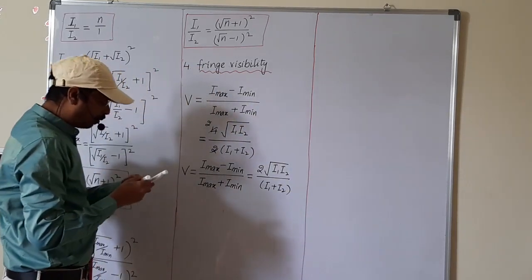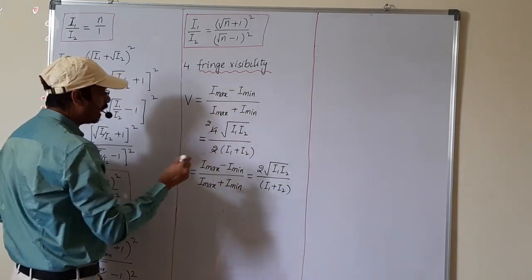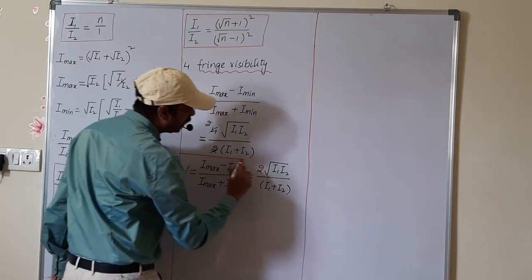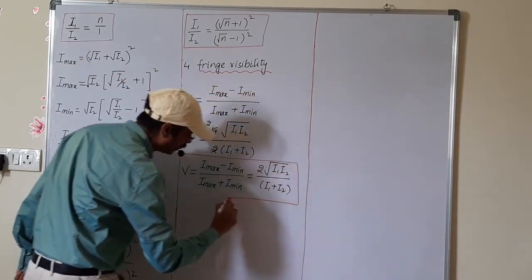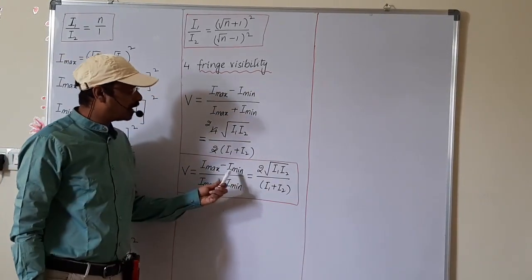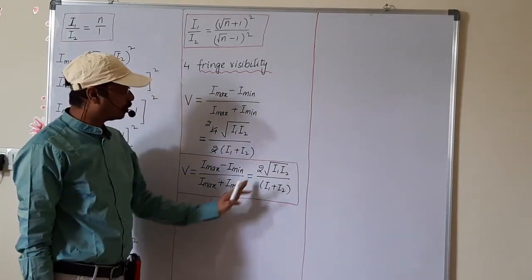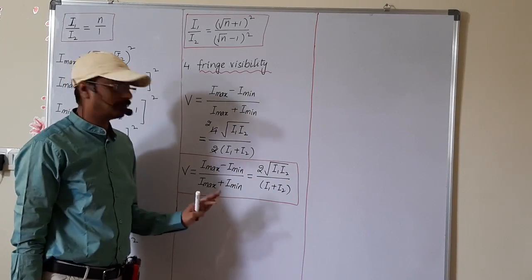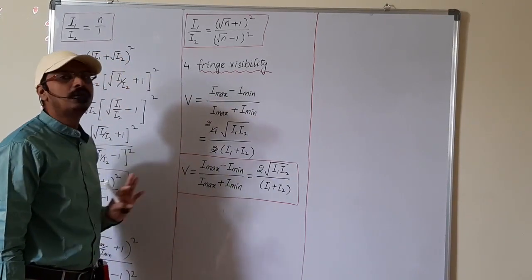It is a very important one. A standard sum in JEE is based on this fringe visibility. They will ask for the fringe visibility, or otherwise they will give this value and ask for some other value. Based on this, a JEE question will come.